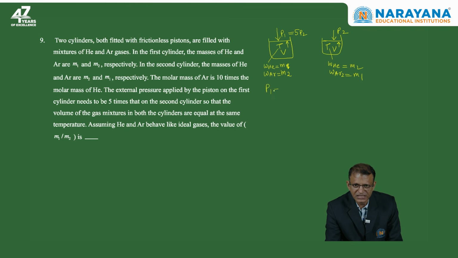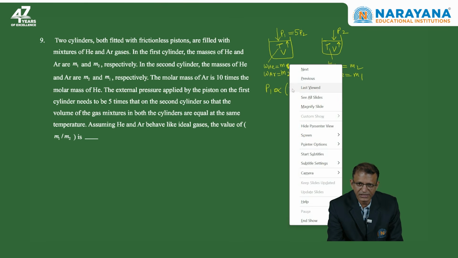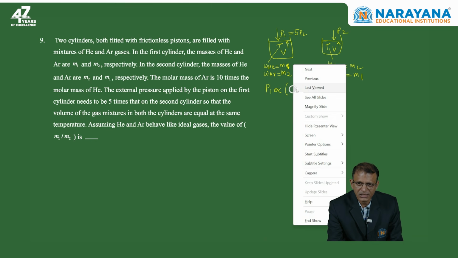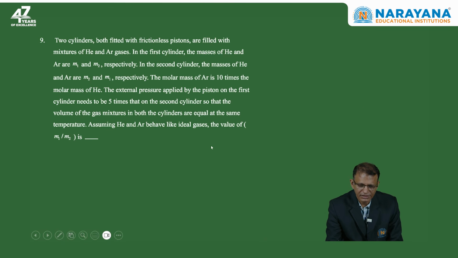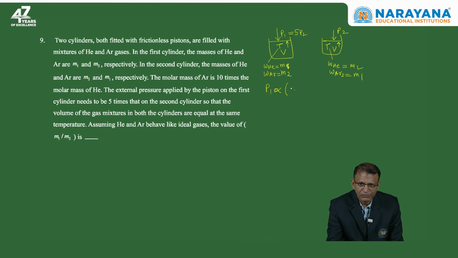So P1 is directly proportional to the number of moles in the gaseous mixture, that is m1 divided by the molar mass of helium gas, which is 4, plus the number of moles of argon gas, which is m2 divided by the molar mass of argon gas, 10 times more than that of helium, that is 40.